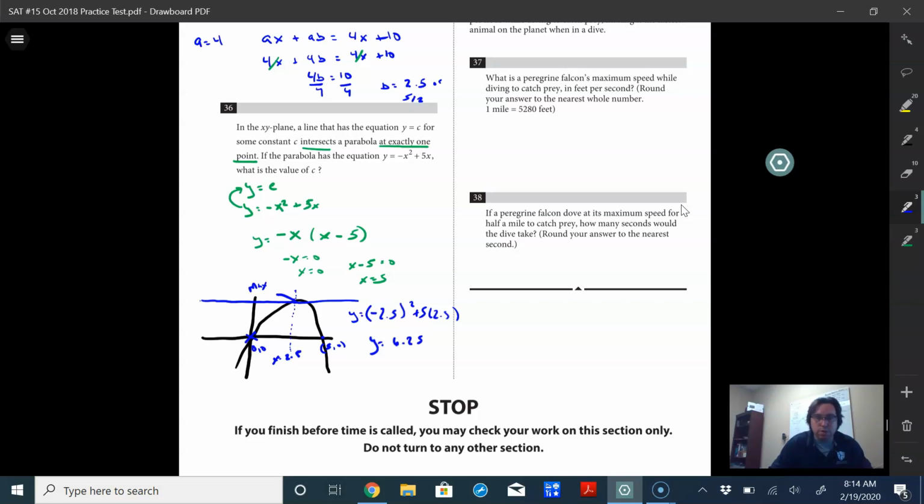Once we know that, we split it in half to find the x value of the vertex, because it's equal distance from each intercept. We then pop the x back in here, and you get the value of y, which is equal to c, and we see that the answer choice is this.